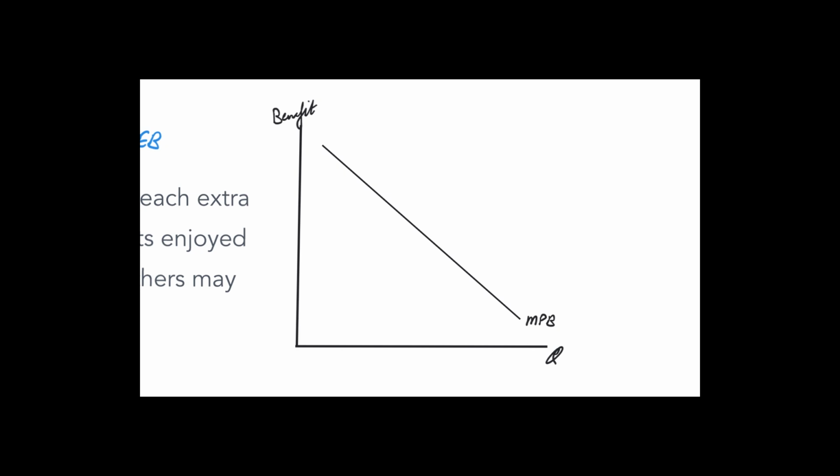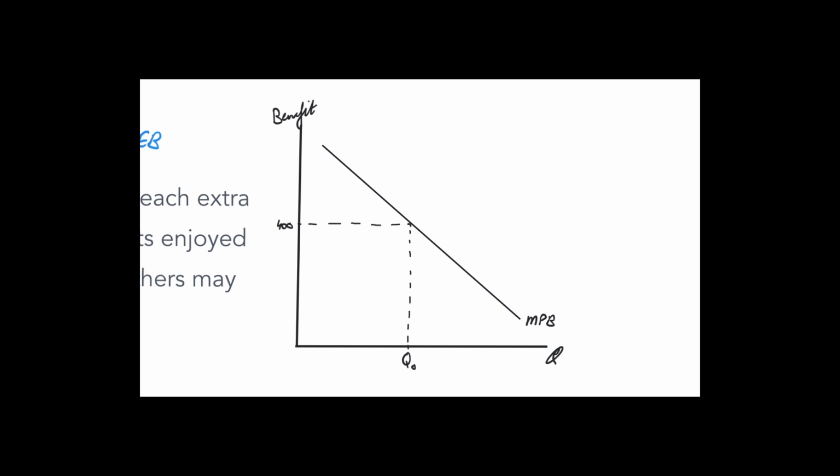So, for this quantity, the benefit the consumers place on it is this much. Okay, this is the benefit they place on it. Now, let's say 400. Okay, that's the benefit they're placing on it.